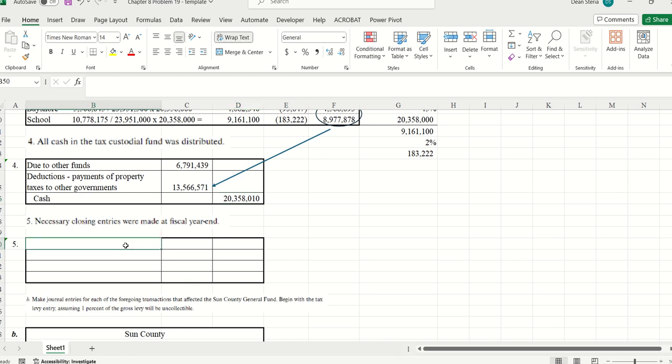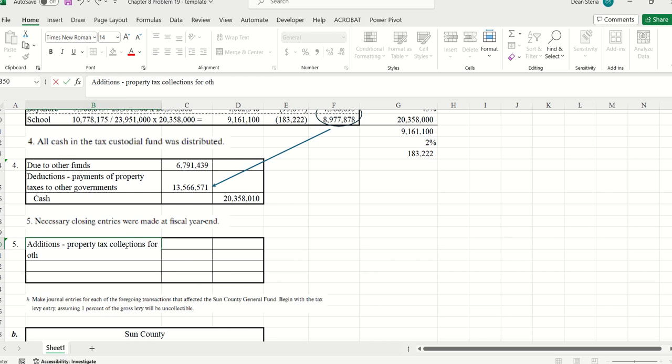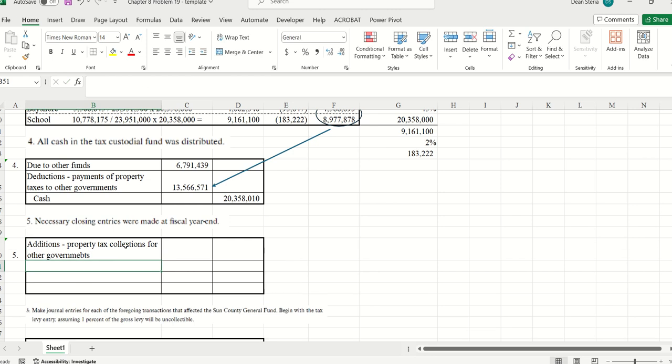So we're going to have additions, property tax collections, and that was for 16,287,020. Okay.